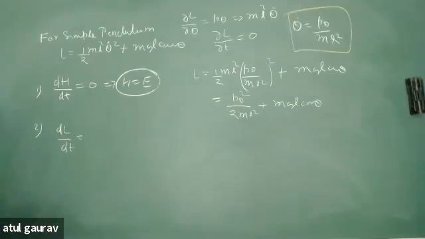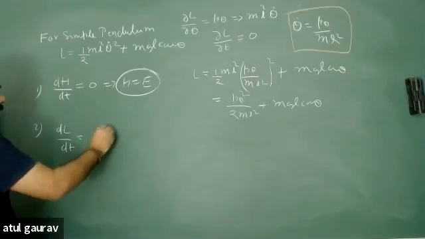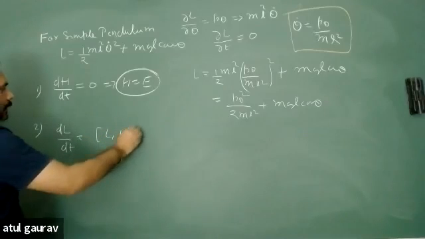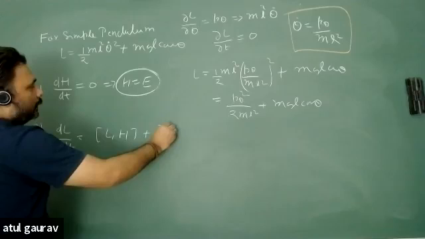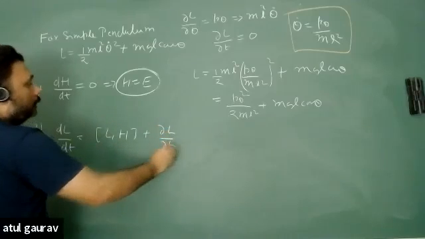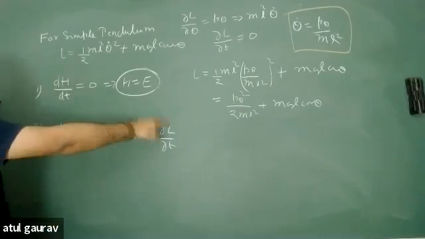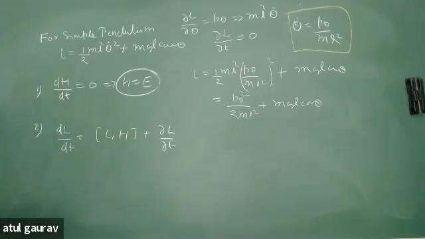Now what is dL/dt? The dL/dt is the commutation of L with H plus ∂L/∂t. ∂L/∂t is 0 because L is not an explicit function of time.